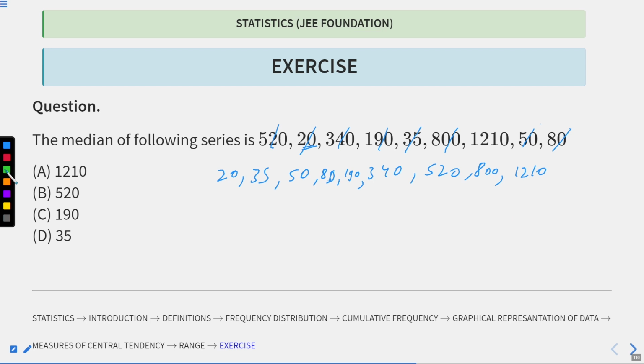So the number of observations are 1, 2, 3, 4, 5, 6, 7, 8 and 9. It is odd, so we just add 1 and divide by 2, which is 5. So the fifth term will be my median. So this term 190, or option C, is my correct option.